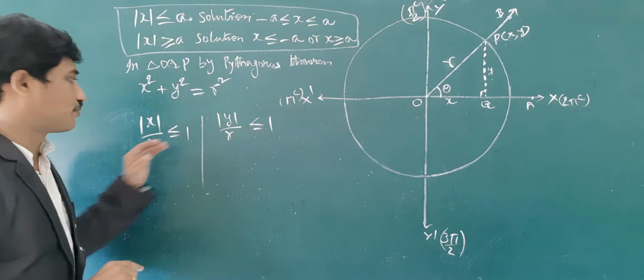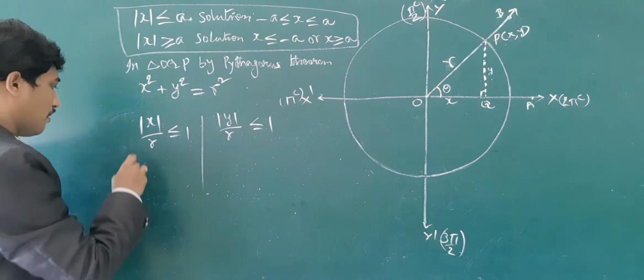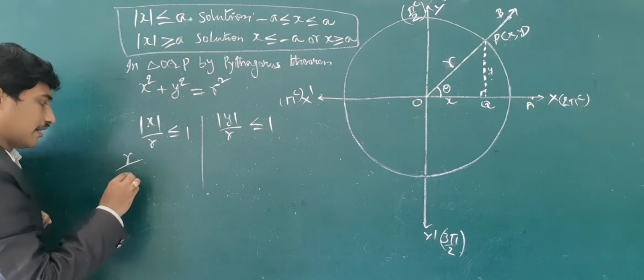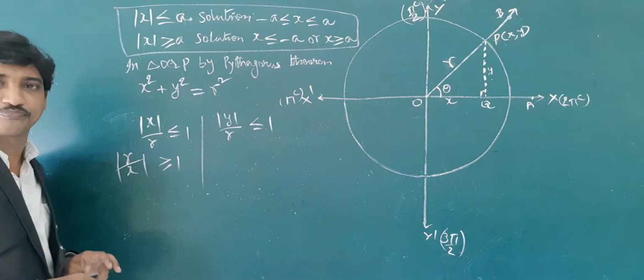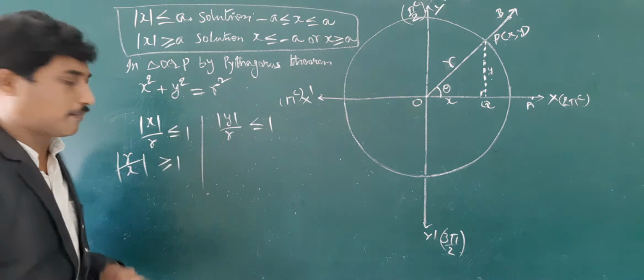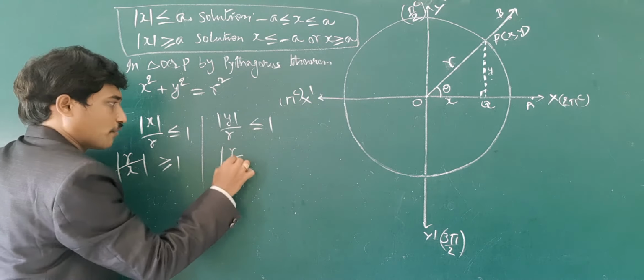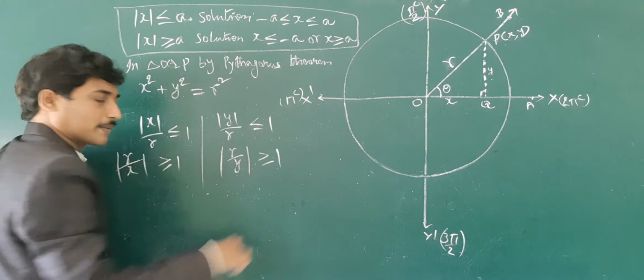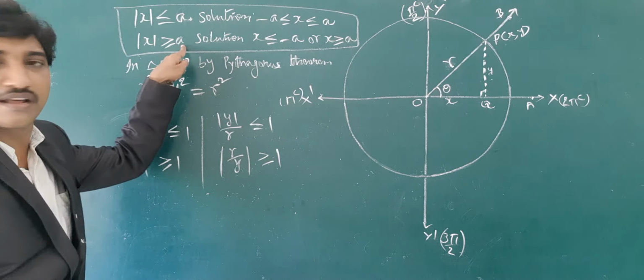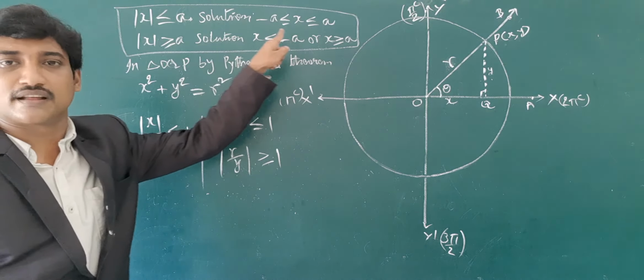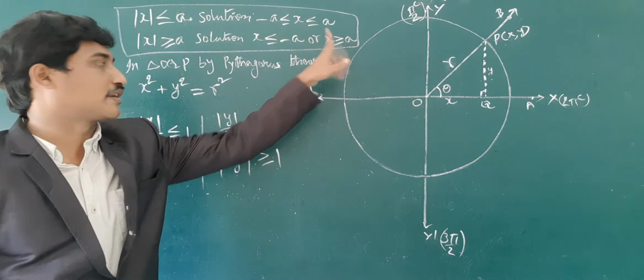If you take the reciprocal, then what happens? Modulus r by x is greater than or equal to 1. If we take the reciprocal, modulus r by y is greater than or equal to 1. We know modulus x greater than or equal to a has the solution x less than or equal to minus a, or x greater than or equal to a.